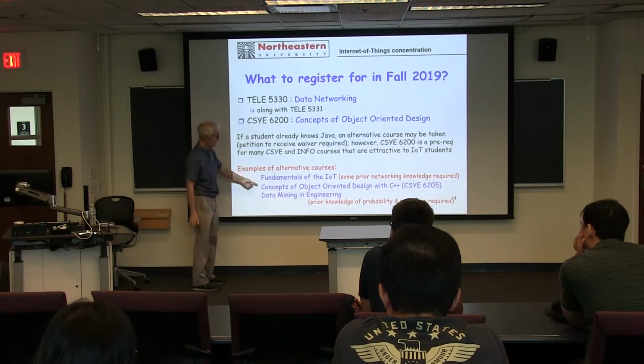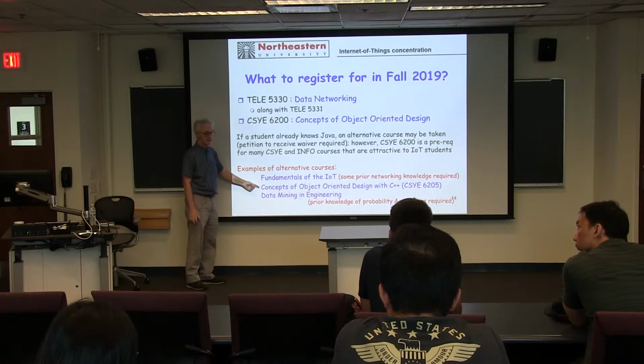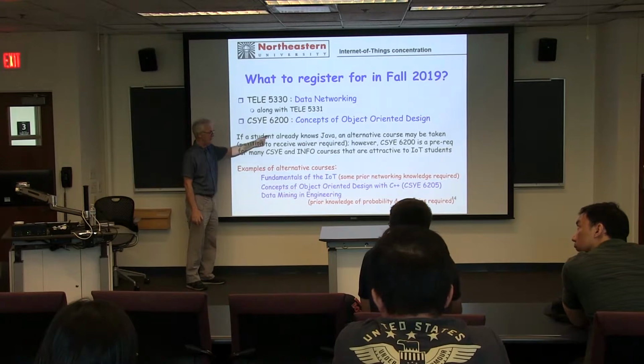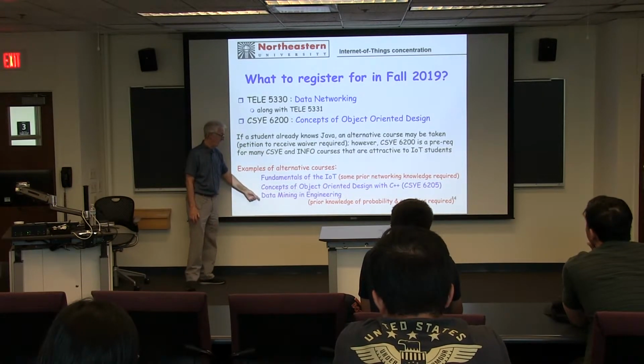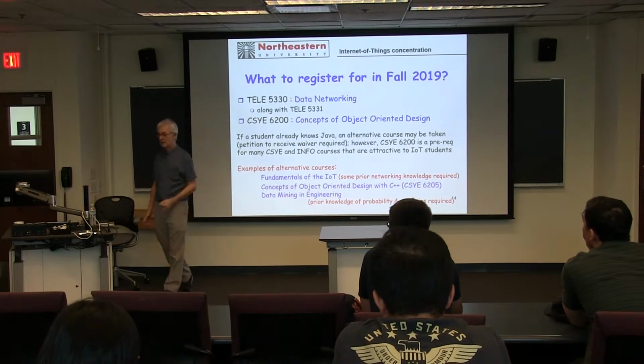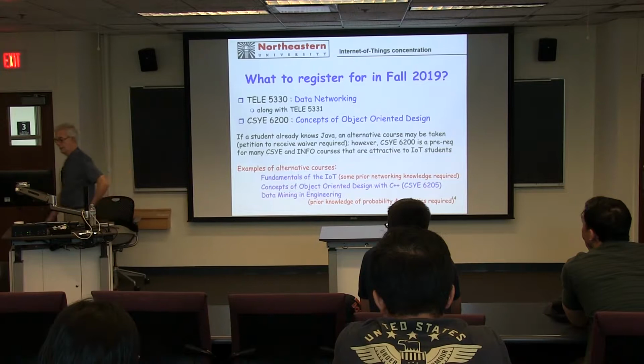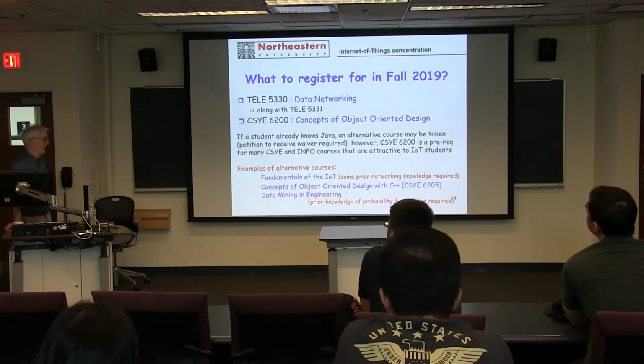If you're interested, I would allow you to take a course in C++, and that won't help you with this issue of getting into these other courses. And there is data mining and engineering, which is one of the IE, industrial engineering, courses.